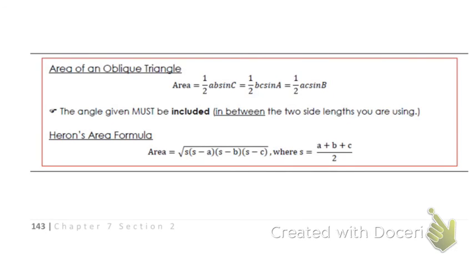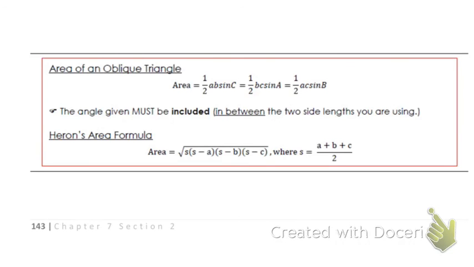We need to talk about these last 2 formulas. These two formulas would have been very useful on the homework last night. Because area of an oblique triangle is equal to 1/2 side A times side B times sine of angle C. So all it's saying is, if you have angle C and the two sides flanking it, you can just plug it right in and you get your area without having to worry about 1/2 height and base.